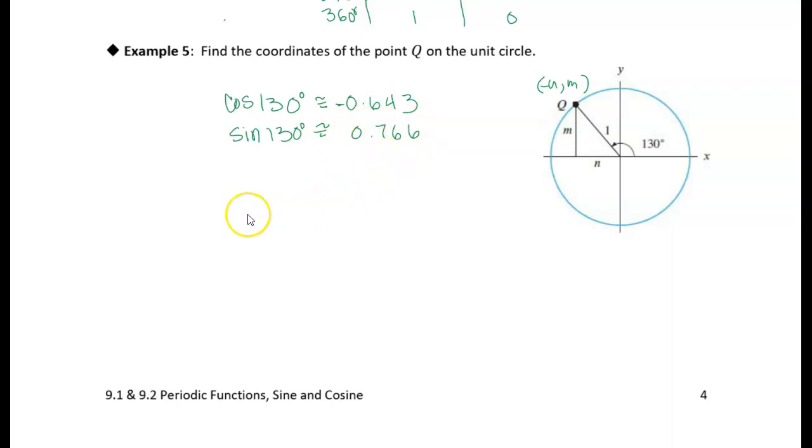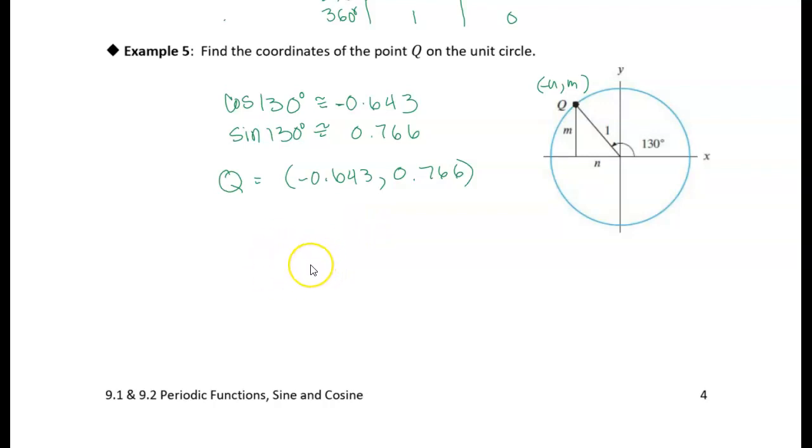Okay, so I know now that if those are the cosine and sine values, then those are the coordinates of point Q: negative 0.643, comma, 0.766.